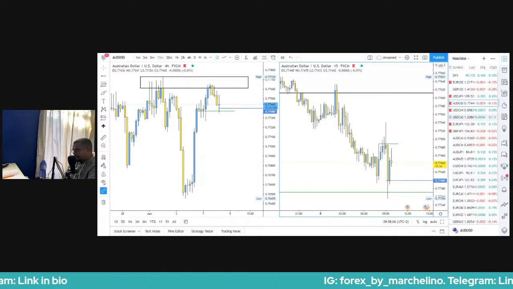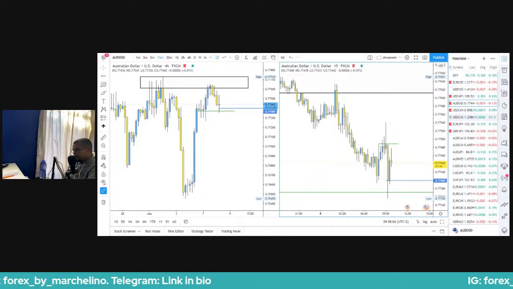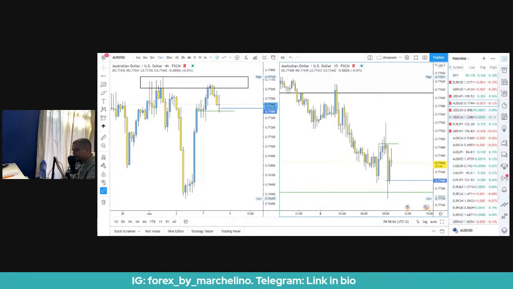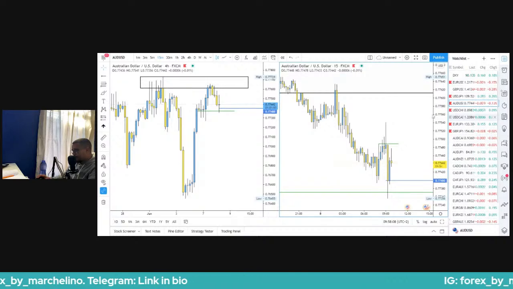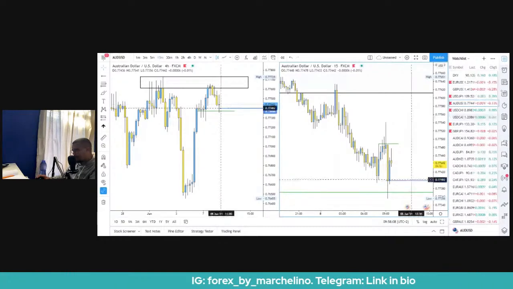AUD looking like we're forming a lower high right here.